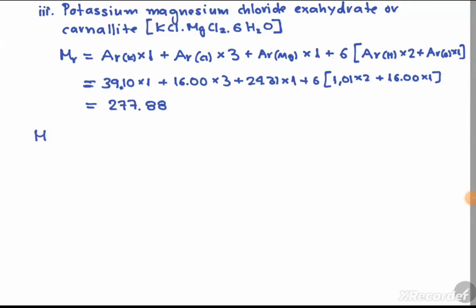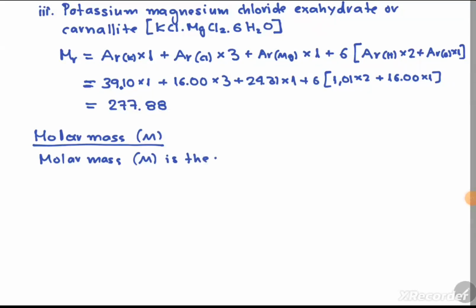The next important quantity for calculations in chemical problems is the molar mass. Molar mass is the mass of 1 mole of a substance.